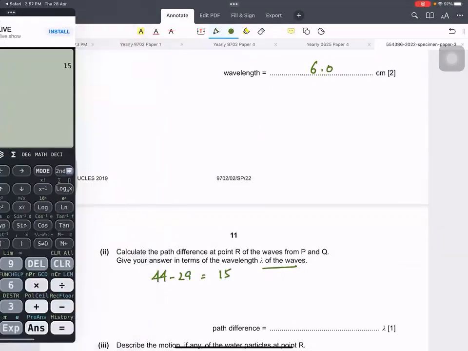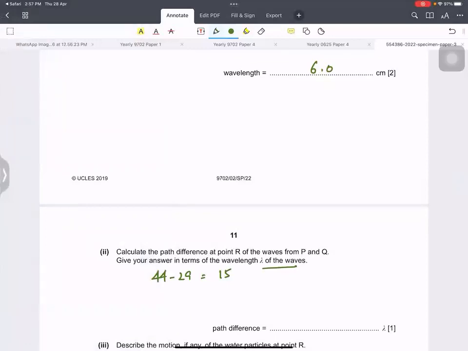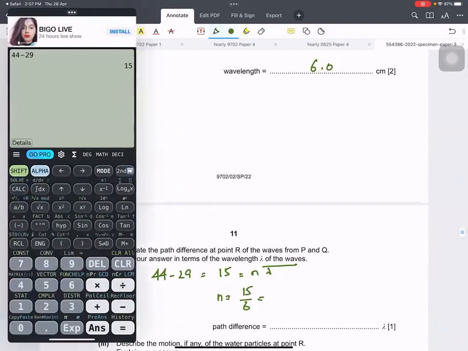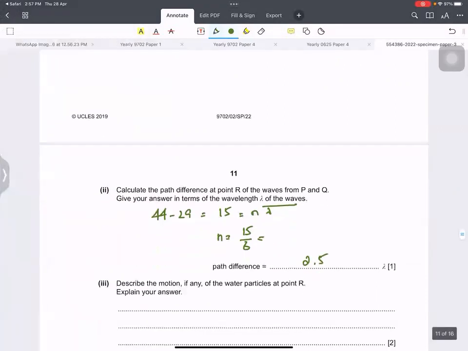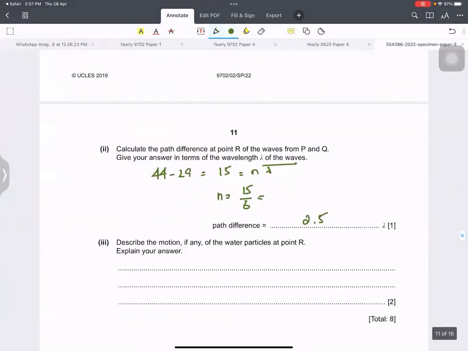Okay, then what you do? Path difference equals n lambda. So lambda was 6, so n will be 15 divided by 6. So that's 2.5 lambdas.